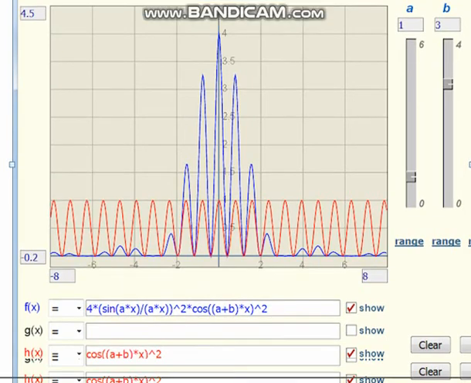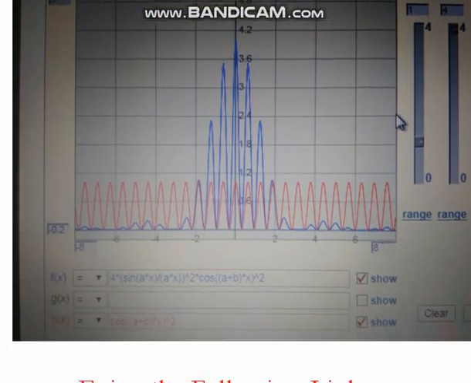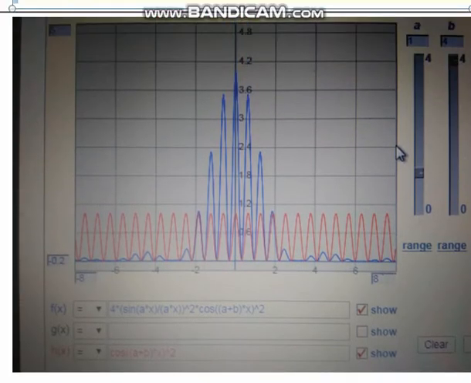Let's see another figure. Here I set a equal to 1, b equal to 4. So e plus d is equal to 5 divided by e. So the fifth order will be missing. You can count 1, 2, 3, 4 and 5.